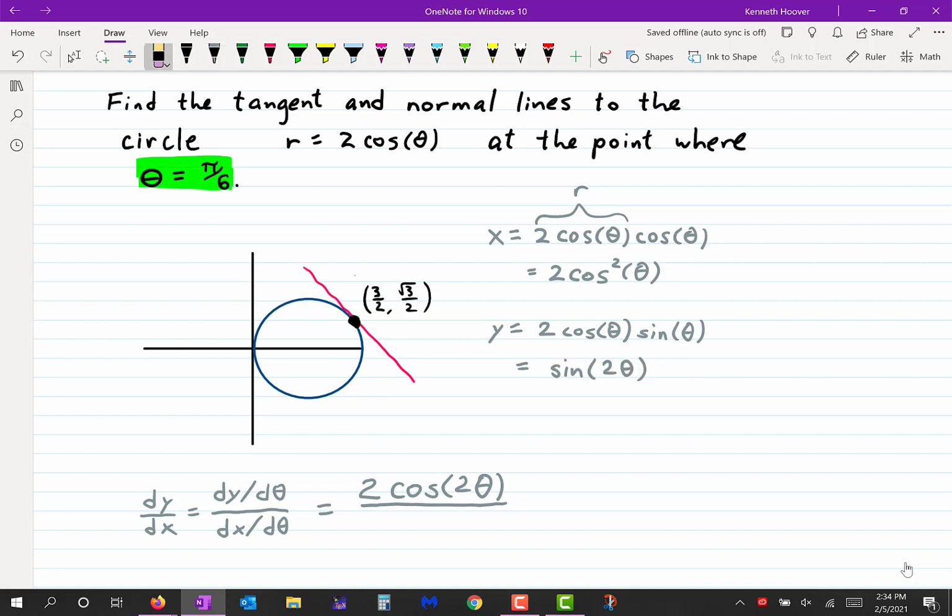What is dx/d theta? Here's x right there. What's the derivative with respect to theta? Go ahead and work it out.